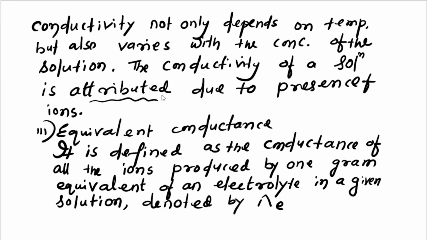Equivalent conductance is defined as the conductance of all the ions produced by 1 gram equivalent of an electrolyte. That means you should know the gram equivalent weight of an electrolyte.